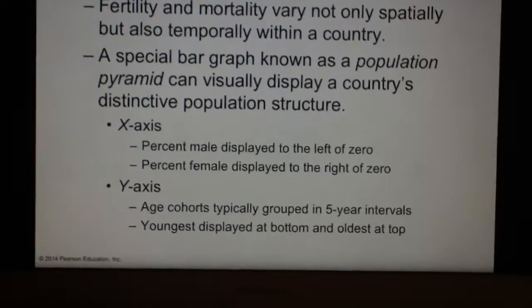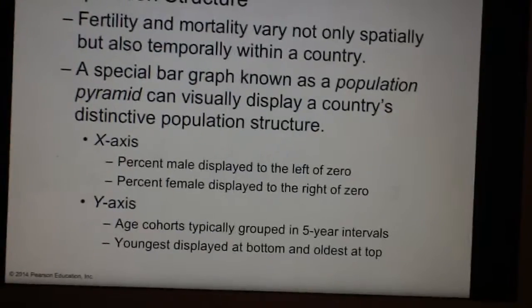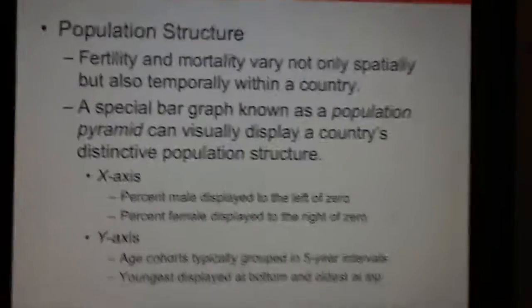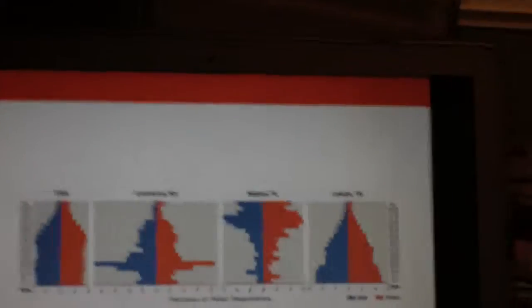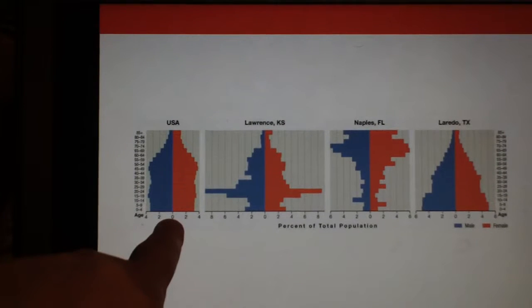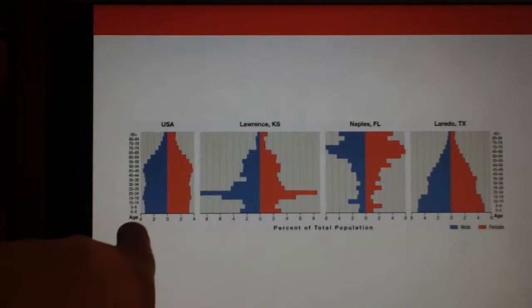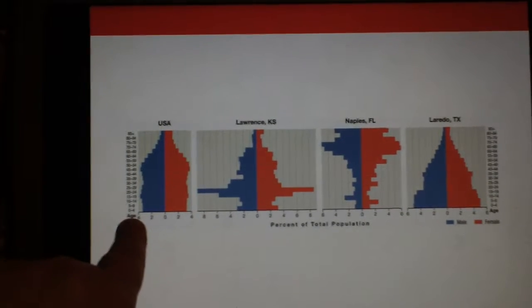Then the y-axis groups what are called age cohorts. These are typically grouped in 5-year intervals, and the youngest are displayed at the bottom and the oldest at the top. So I started to show you those already. On the y-axis, we have age cohorts.